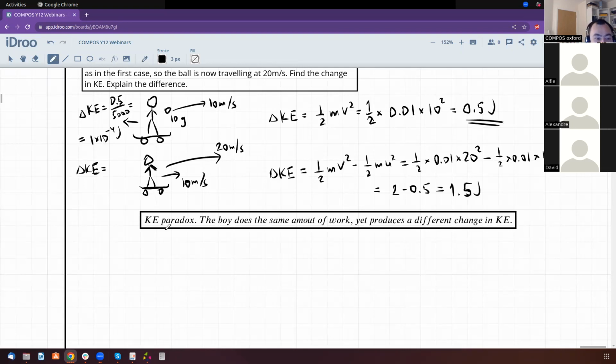All right, so we have mass of the boy multiplied by the initial velocity plus mass of the ball times the initial velocity is equal to mass of the boy times the final velocity of the boy plus mass of the ball times the final velocity of the ball.